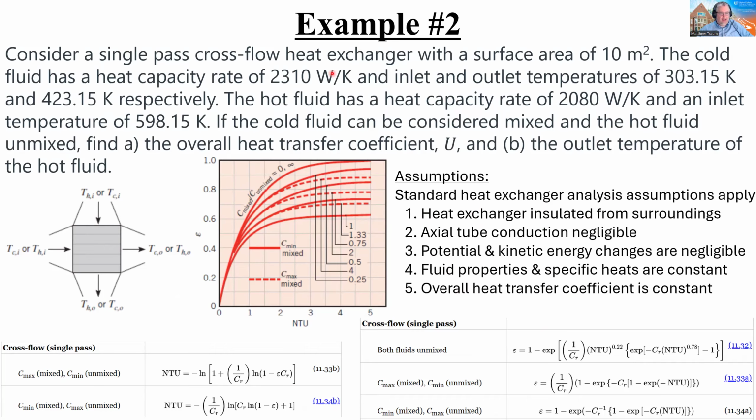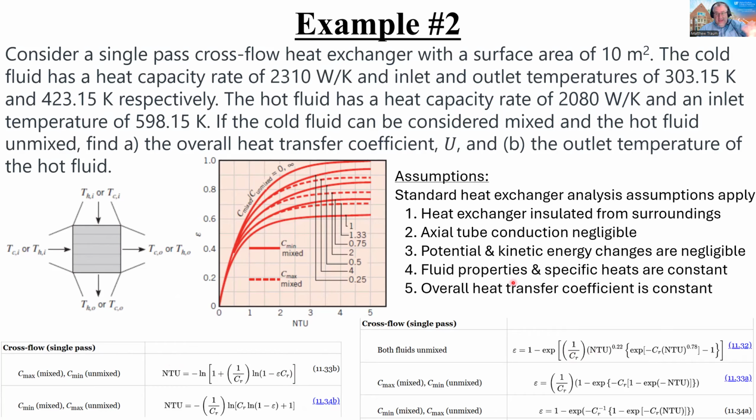I already know that I'm solving this using Effectiveness-NTU, so I'm immediately going to find the appropriate tables. These are the equations in the tables for when I know the effectiveness and the heat capacity ratio and want to solve for NTU, or when I know the heat capacity ratio and the NTU value and want to solve for effectiveness.